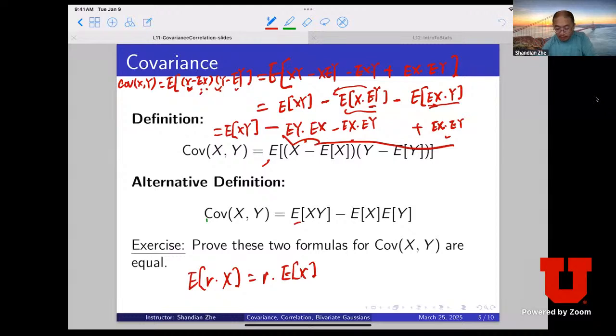Yeah, this one and this one cancel out, right? So eventually, you only have two terms left. The first is the expectation of the product. The second term is the product of expectations.